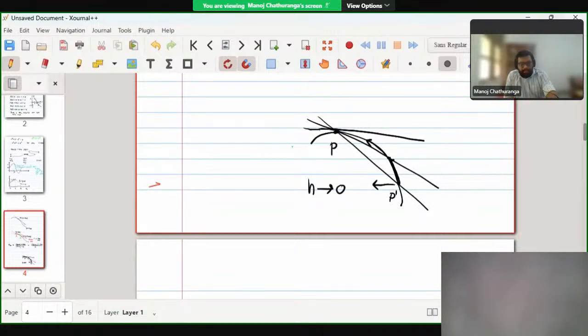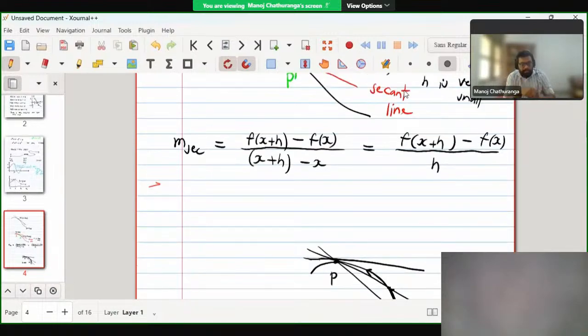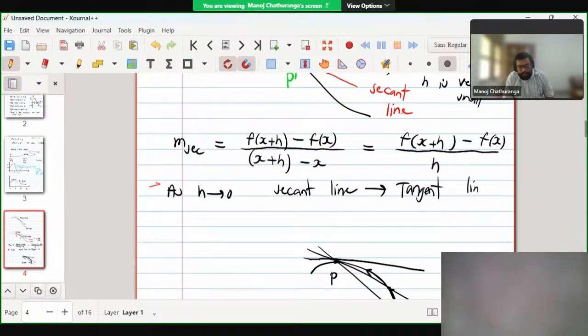As h goes to 0, the secant line goes to the tangent line. So the slope of the secant line will go to the slope of the tangent line.